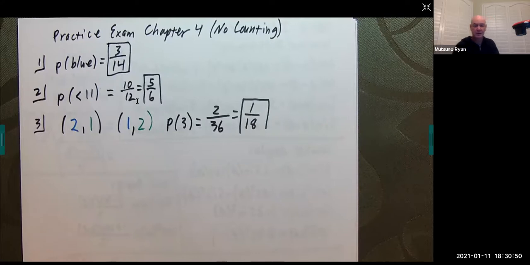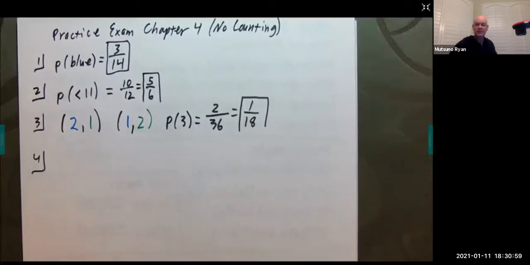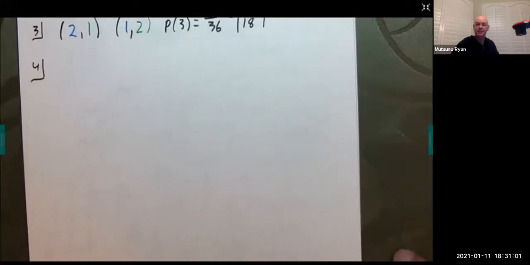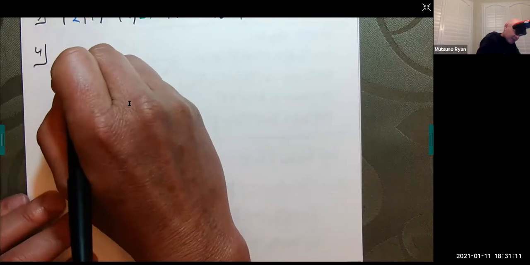All right, number 4. They want us to come up with a sample space to flip a coin 3 times. So this one's going to take a little bit more space. Let's see how we're doing with the spacing there. All right, so we know flipping a coin, I'm going to use H for heads and T for tails. So my first flip could be heads or it could be tails.